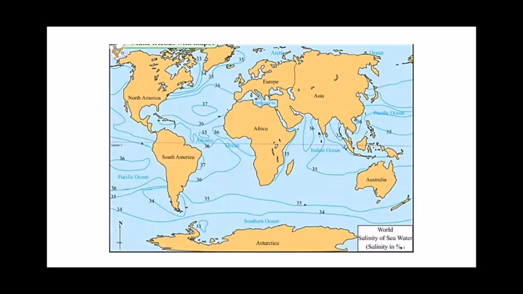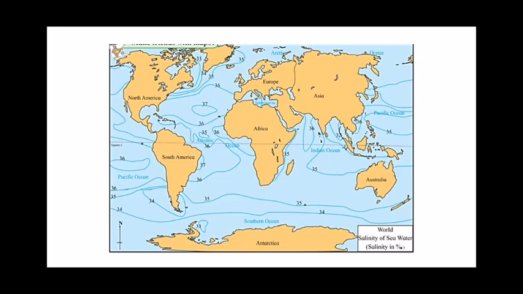Now children, in front of you we have the world map, which is showing the salinity of sea water across the different oceans. There are a few questions asked which we need to answer looking at the map.